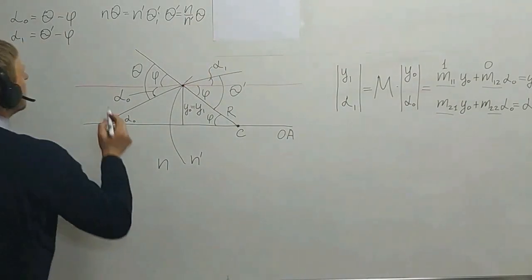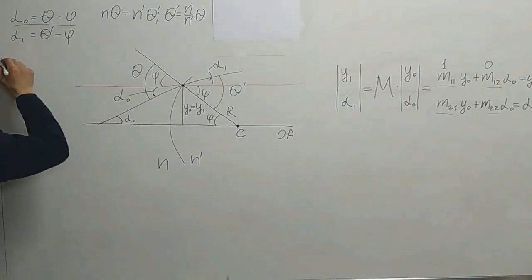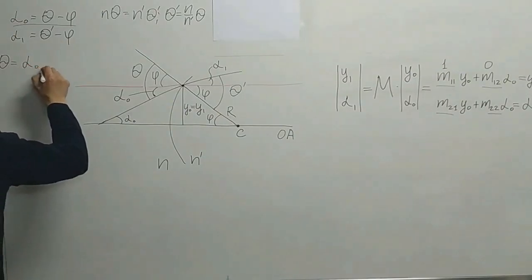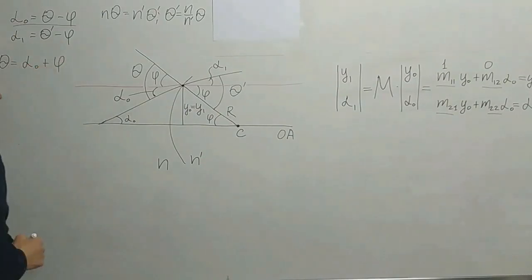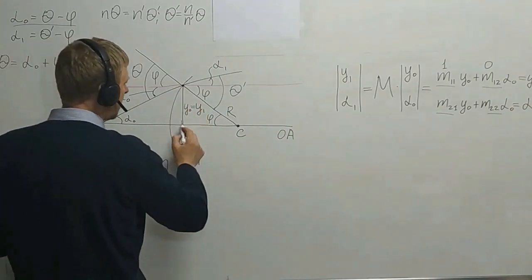In addition, I can find theta from this expression. So theta is equal to alpha 0 plus phi. But what is phi here? I can find it from these three angles.